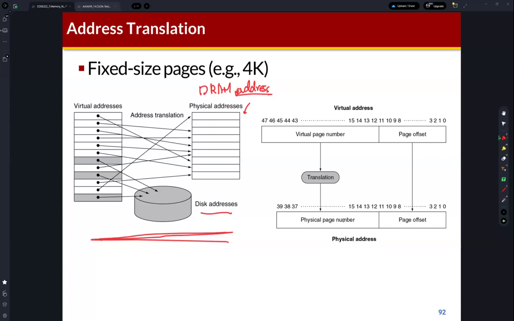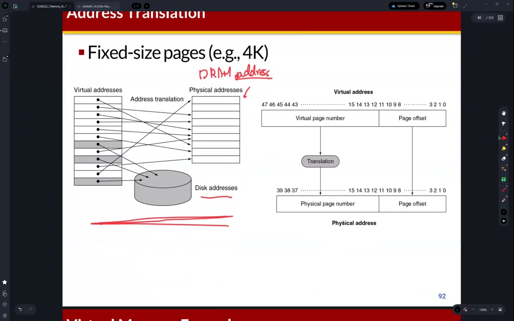The operating system provides this amount of virtual memory space, and as you can see, the physical memory space is smaller than the virtual memory space.